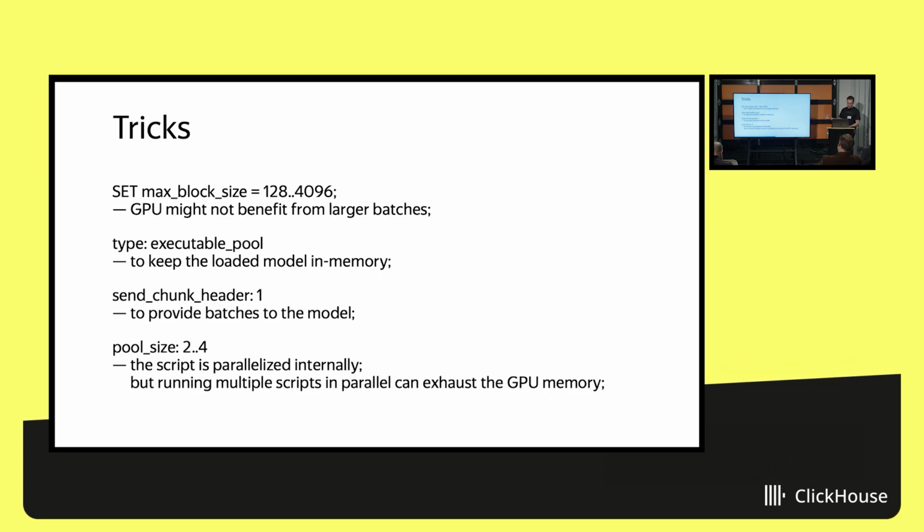And with this internal parallelism, I don't have to parallelize externally. So a pool size of 2 is actually enough. And moreover, if I use a larger pool, maybe I will run out of GPU memory.